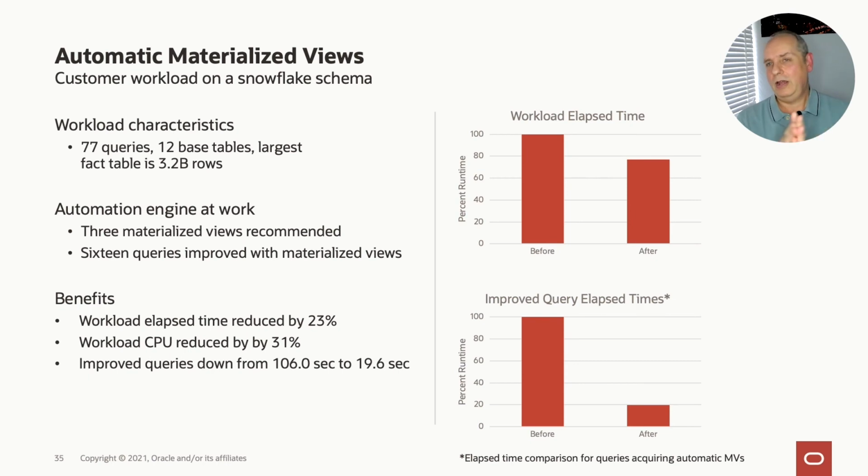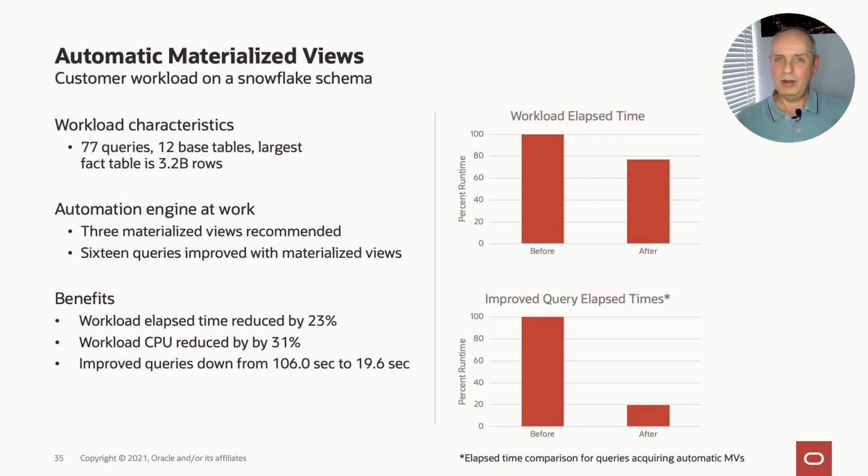So if we look now at automatic materialized views, a similar kind of presentation: we have fewer queries, as you'd expect, because this is more of a data warehousing style workload. So a smaller number of large queries, a smaller number of tables, and the largest table is 3.2 billion rows.